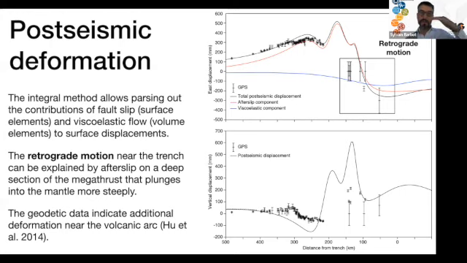And because they have a different dip angle than the shallow section, the vertical surface displacement that this induces does not align with the trench. And so some near-trench area that is in the accretionary prism can in fact move landward. So this is one way that these seismic cycle simulations can help explain puzzling observations in nature.